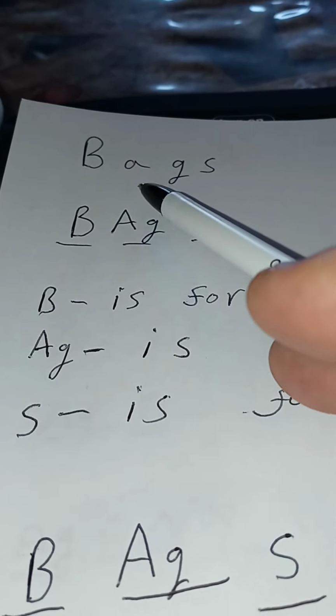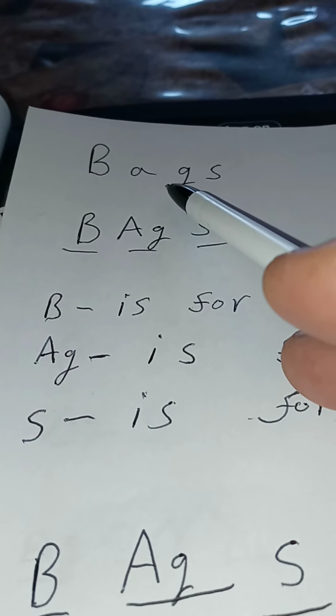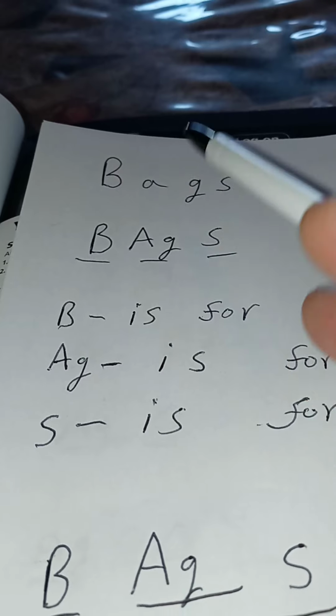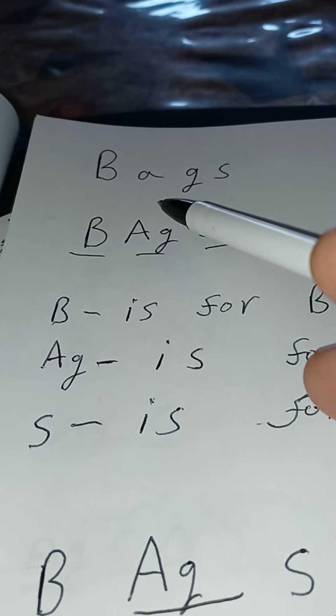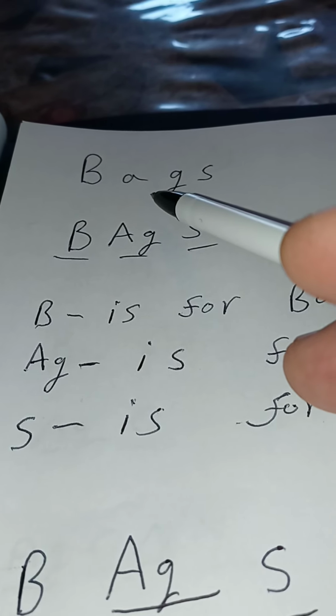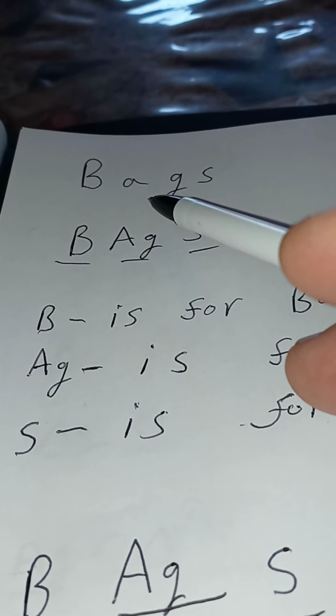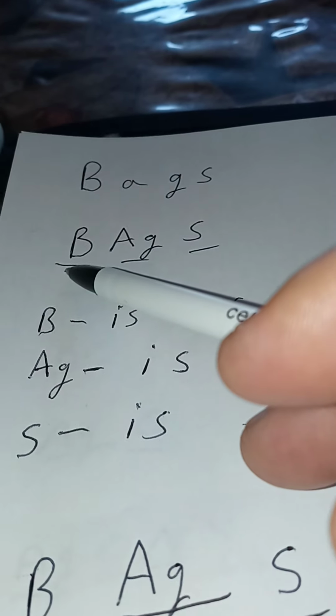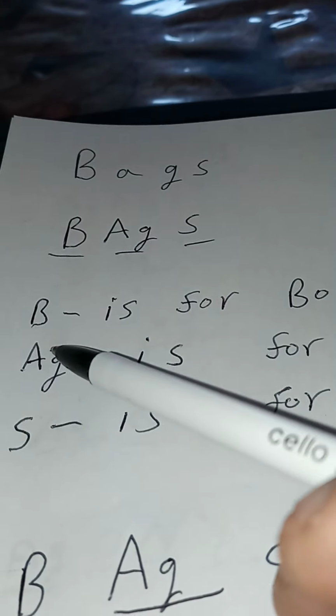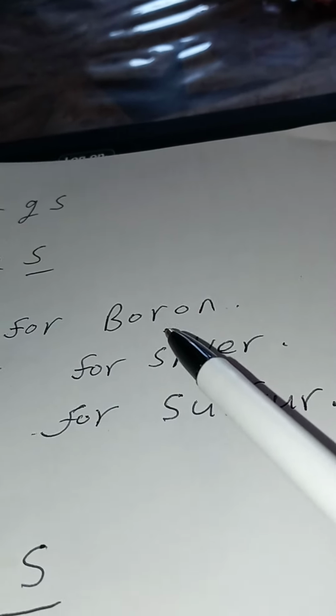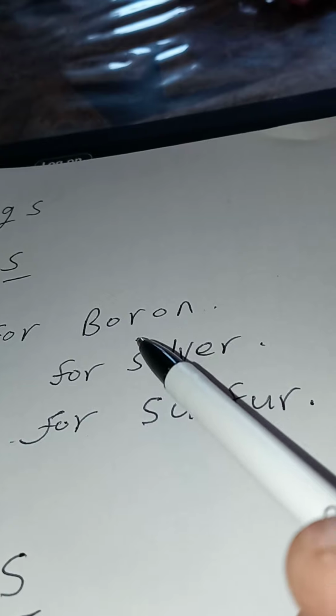We've got to change that into chemical symbols, or atomic symbols, fit to be put on a periodic table of elements. Well, we've got the capital B, which is for boron, B-O-R-O-N. Then we've got A-G.